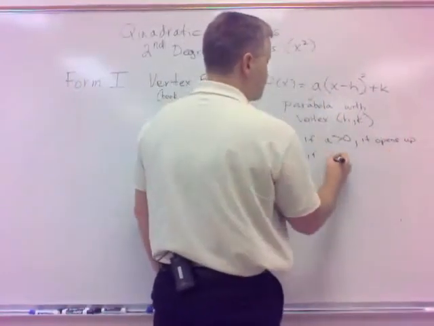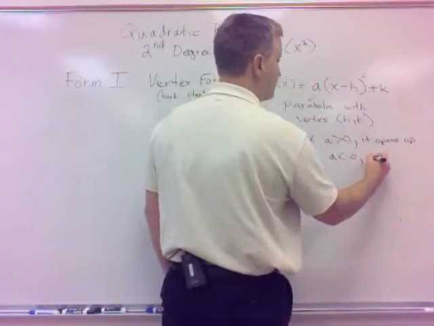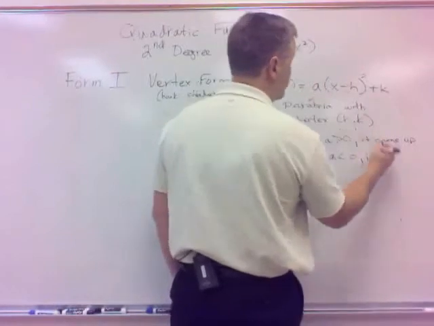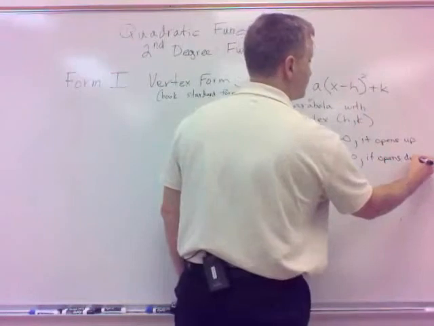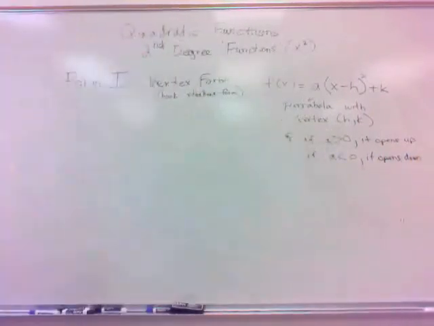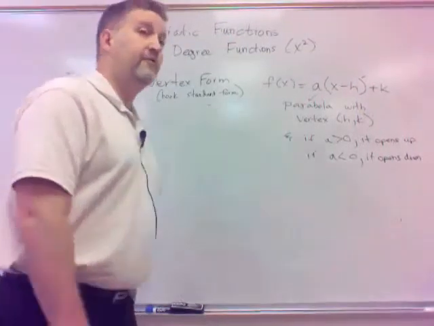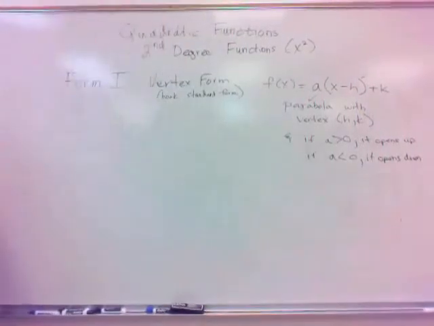If a is less than 0, a is negative 2, negative 3, negative 1, whatever, it opens down. Okay? So just from sight of the equation, in that form, you get that information.